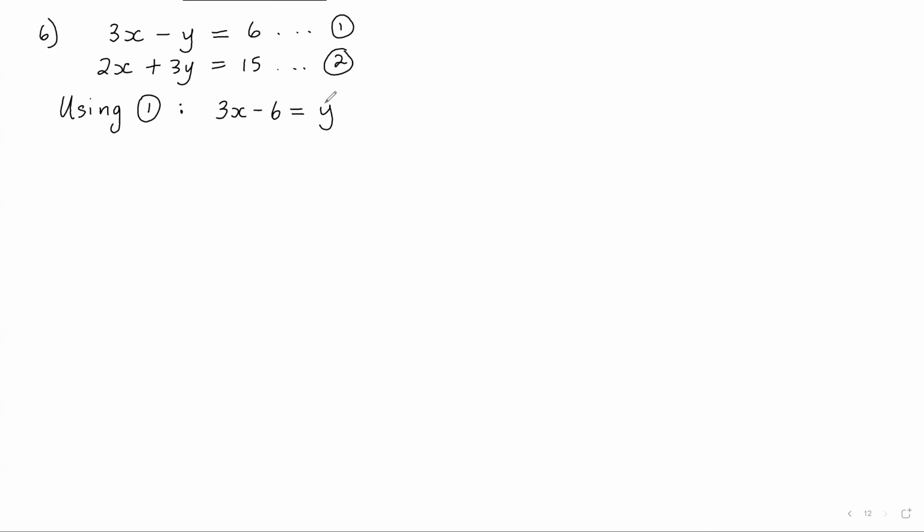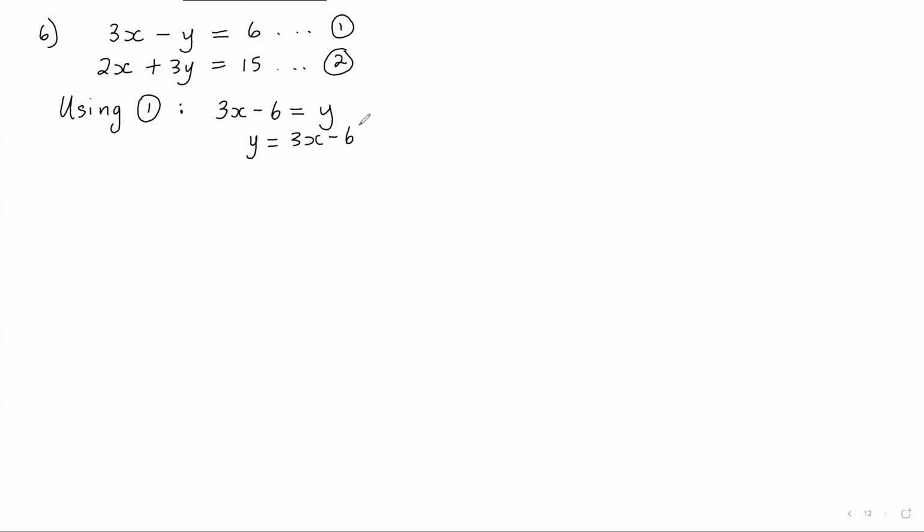Because, guys, I have moved negative y to the right-hand side, so it will become positive y. And I move positive 6 from the right-hand side to the left-hand side, so it becomes minus 6. So I can rewrite this as y is equal to 3x minus 6.